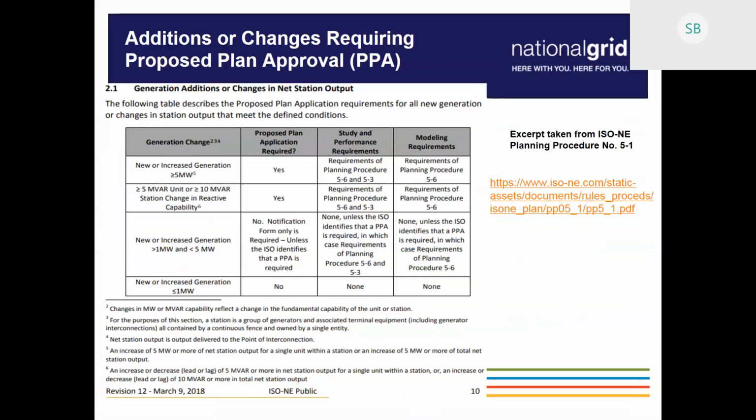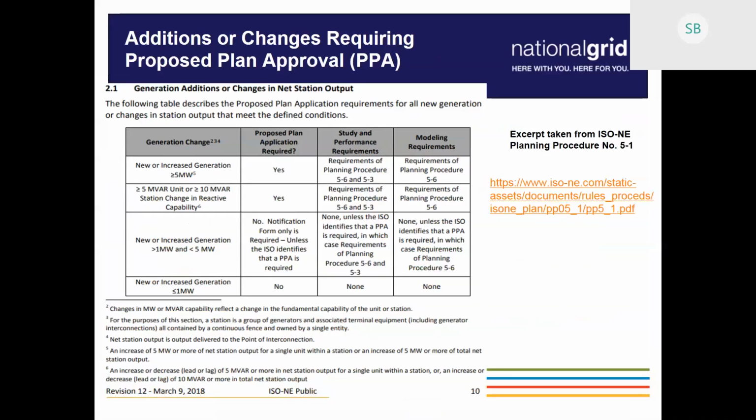ISO will make the determination when they're reviewing the notification forms, and if the area has a lot of DG projects already and has reached the tipping point, where generation notification forms are not sufficient anymore to analyze the potential impacts, then ISO has the discretion to ask for a full transmission study.